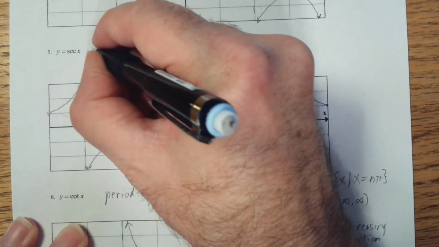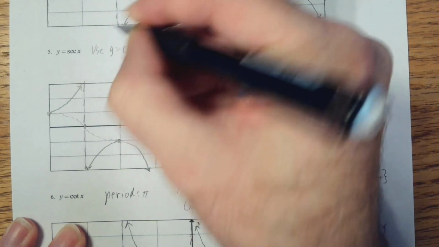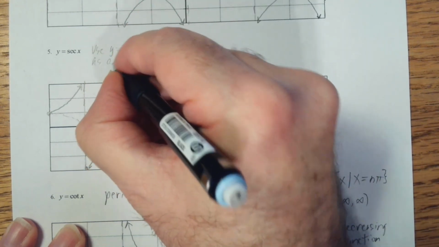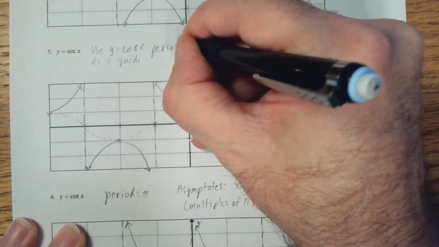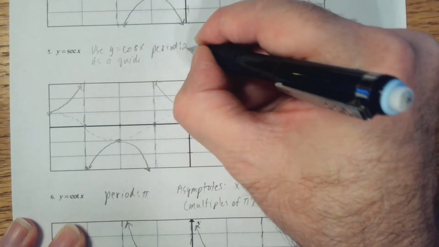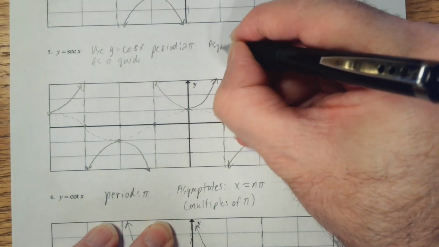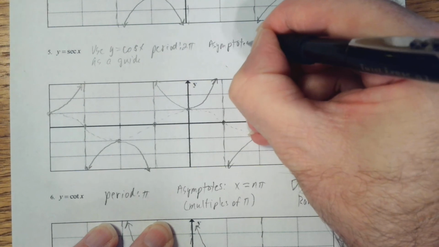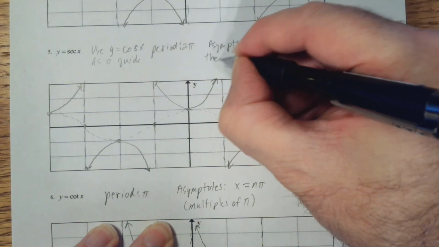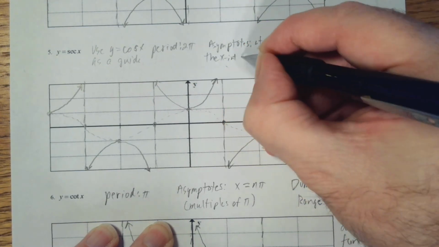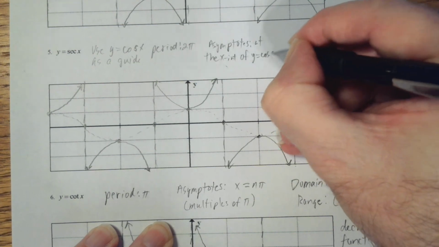This time we use y equals cosine of x as a guide to draw it. Our period, just like with the cosine curve, is 2 pi. Let's look at our asymptotes. Well, they're at the x-intercepts of y equals cosine x.